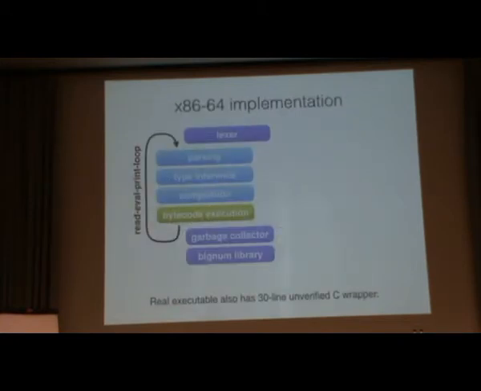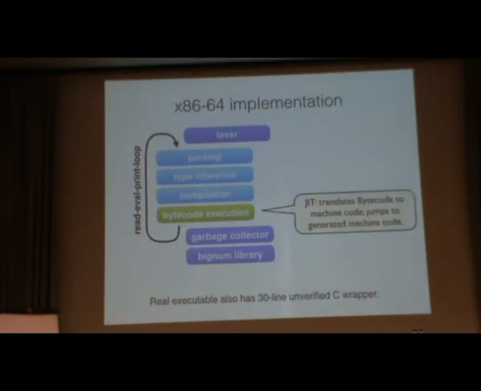So what does it look like? A picture. It's a read-eval-print loop. We have a parser, type inferencer, and compiler, and at this level of abstraction, we have a bytecode execution unit, so to say, with lexer and garbage collector, and a big library also. We execute bytecode through compilation into machine code and then running the machine code.